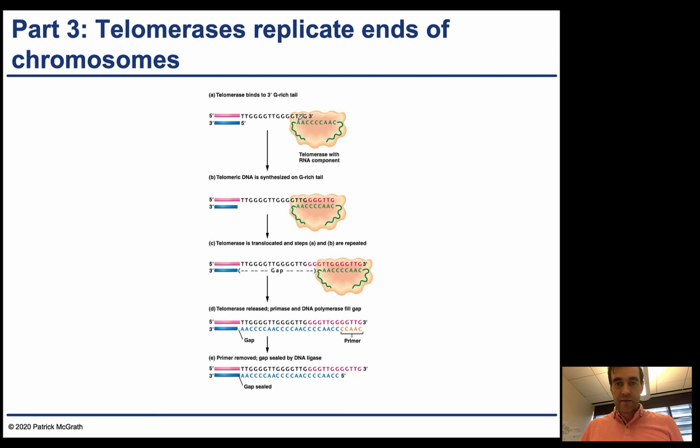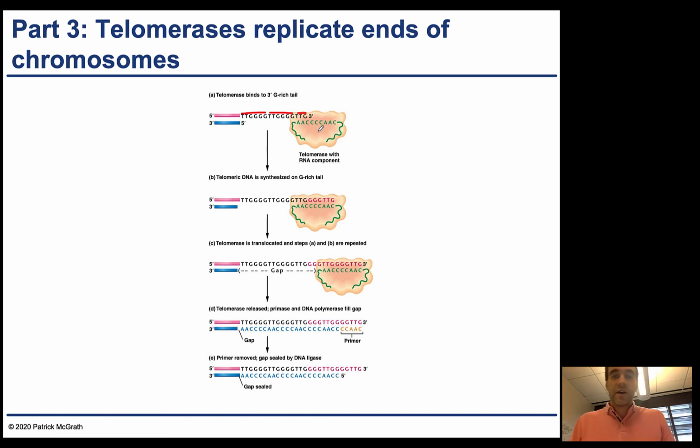The telomeres, you'll notice, are repetitive in nature. So this TTGGG, TTGGG, and then we start with the TTG right here. This is what we mean by telomeres being repetitive in nature. They're a repeat of very short sequences. Here we've drawn them as 6 base pairs.